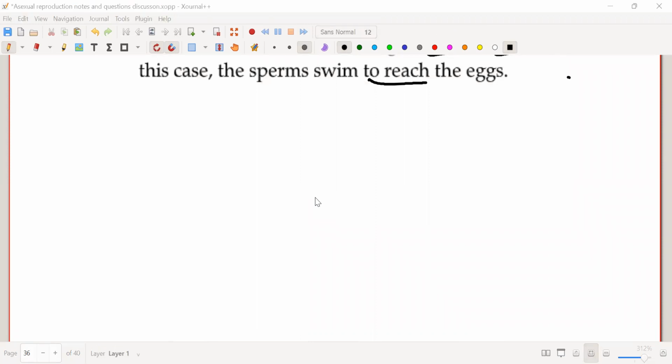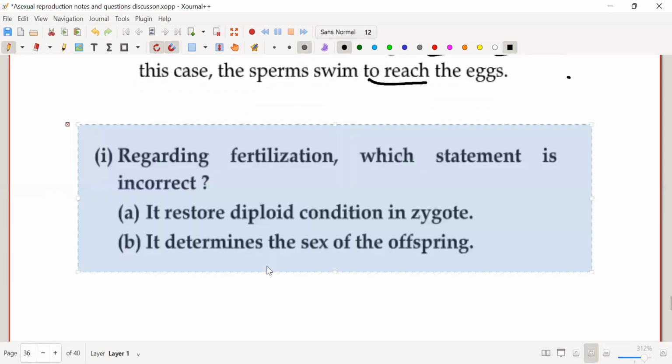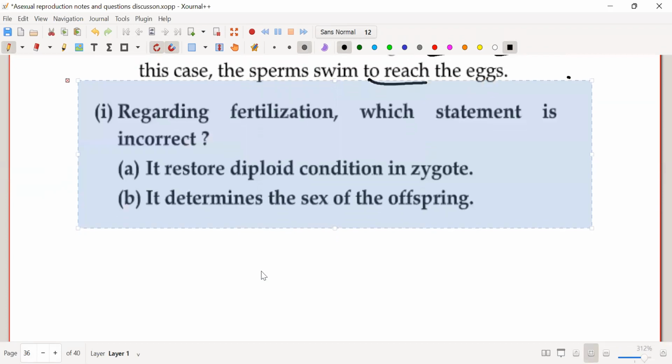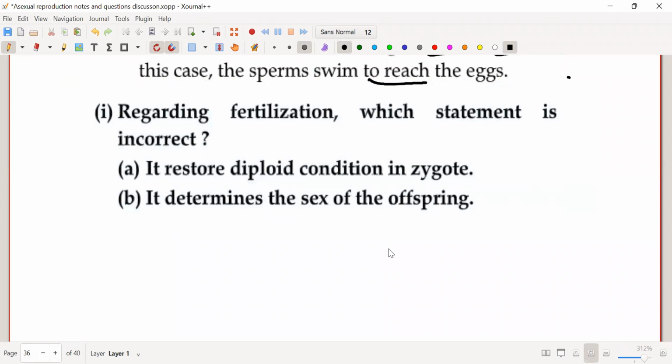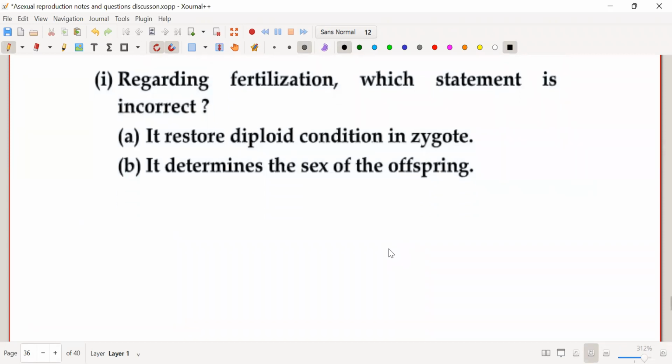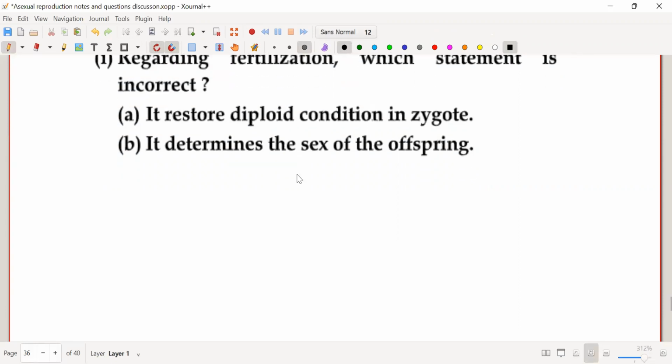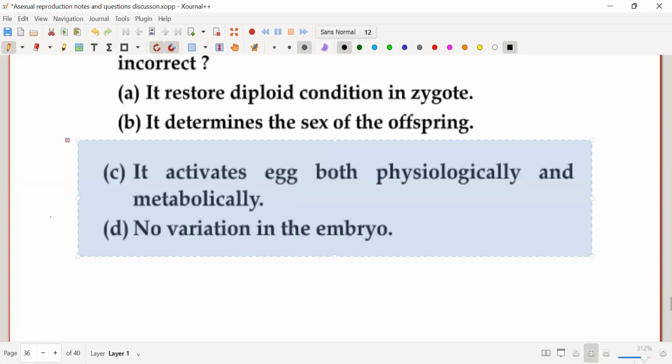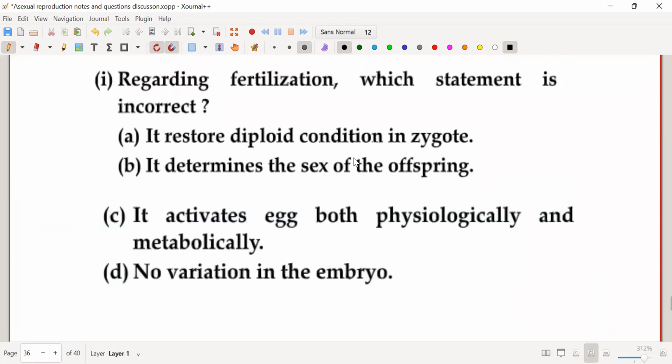The first question is regarding fertilization. Which statement is incorrect?